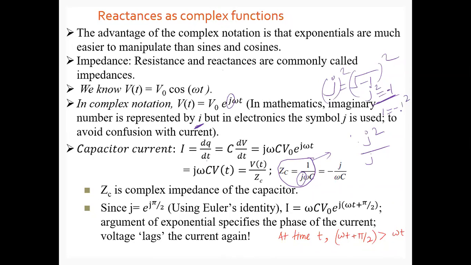Then on the bottom we have j omega C. This and this cancel out. So you are left with minus j over omega C. That's your ZC. This is called the complex impedance of the capacitor.